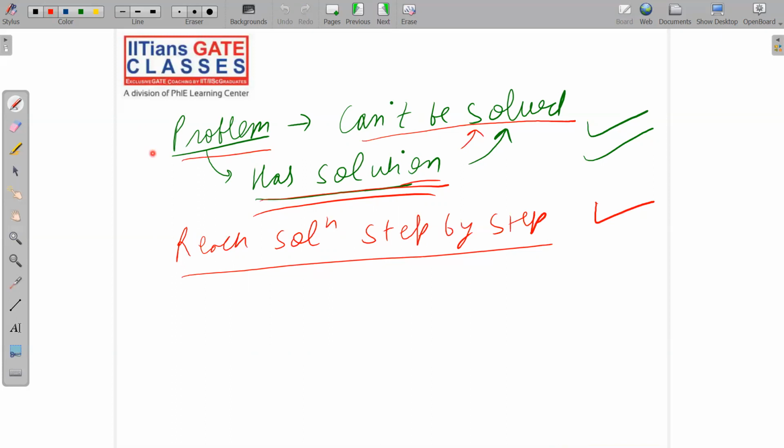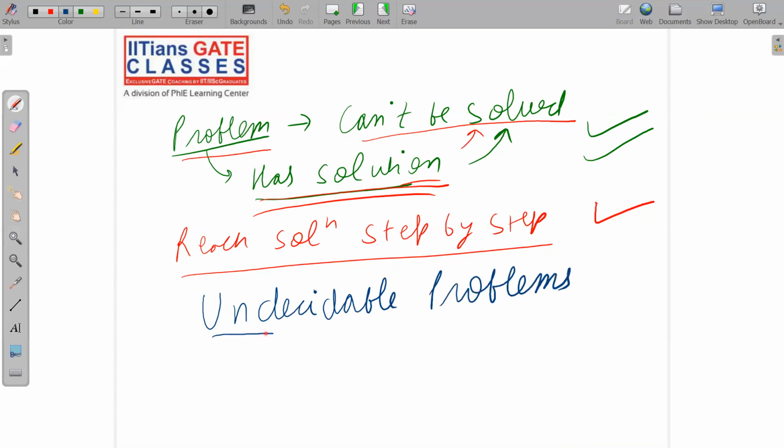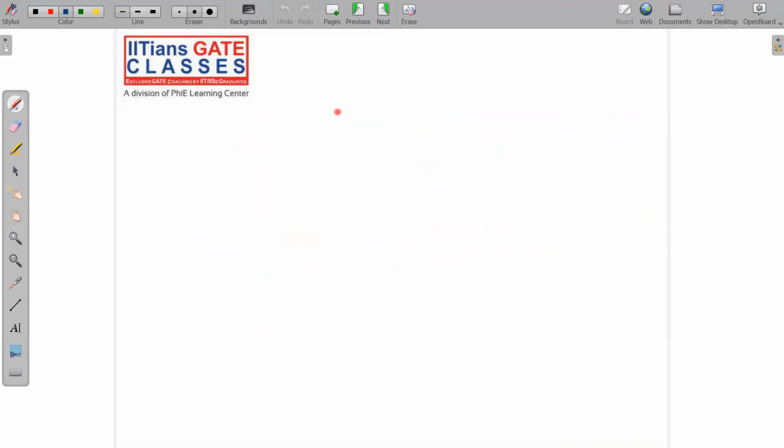From this concept, a very important concept came, and that concept was the problem of undecidability. That is, we have some undecidable problems. Roughly I can say problems are of two types.